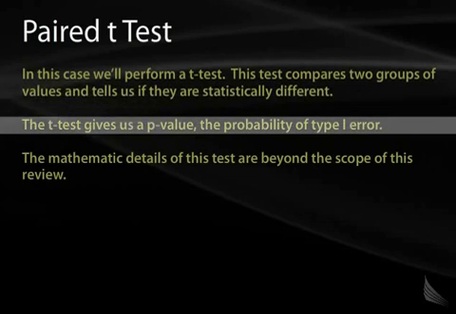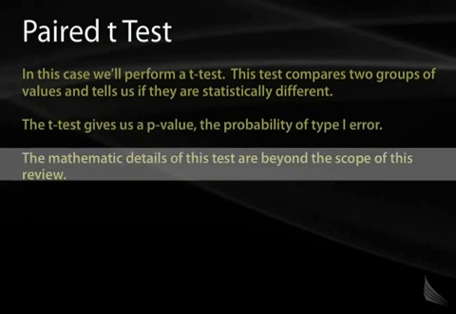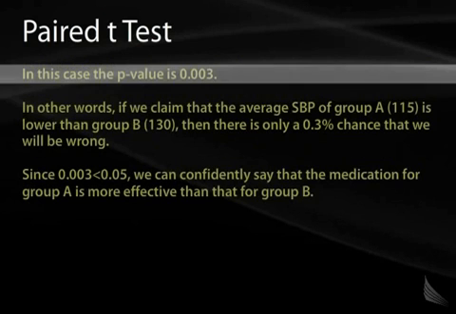The output of this test is a p-value, and again, the p-value is the probability of making a type 1 error. The mathematical details of this test are beyond the scope of this review. In this case, we perform a t-test and the p-value is 0.003, which is below our value of alpha of 0.05.